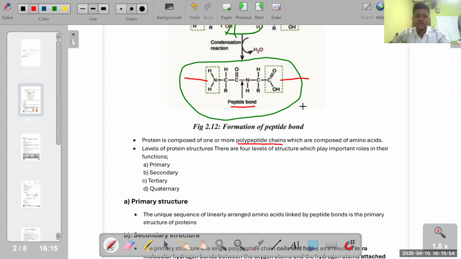The condensation reaction. At the end of both glycosidic bond formation and peptide bond formation, water is removed. They are also a similar pattern. But what is the only difference? Here, the amine group and carboxyl group, they are two OH groups, right? Is that clear?